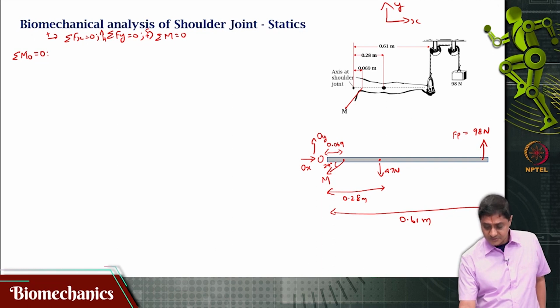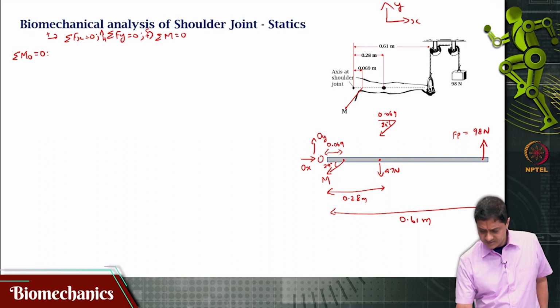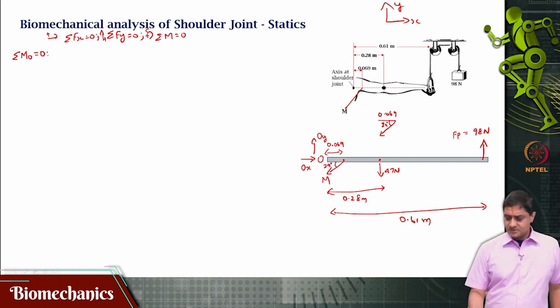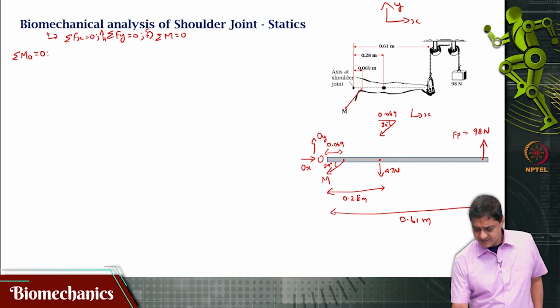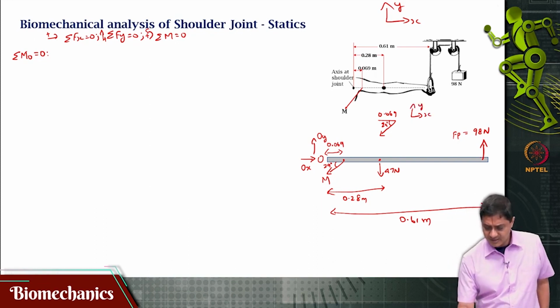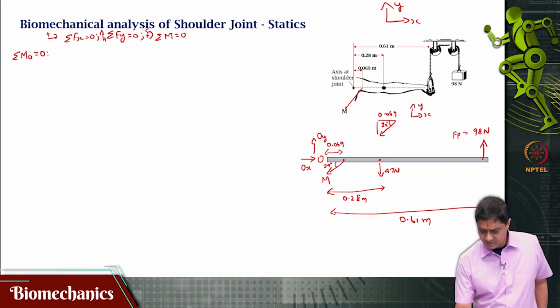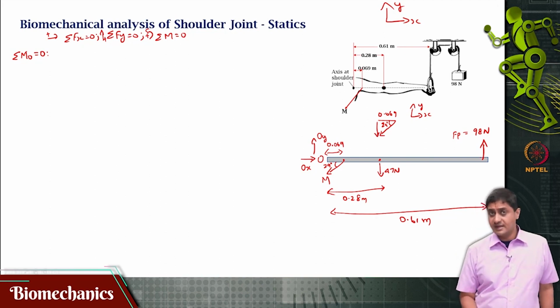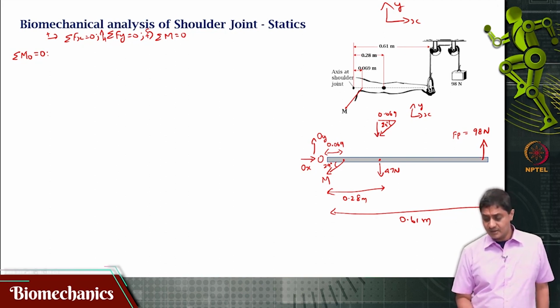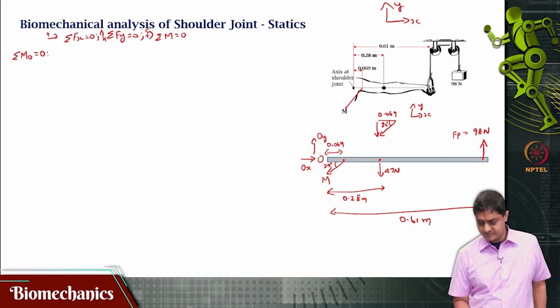So, the distance is 0.069, this angle is 29 degrees. For that xy axis, this will have a negative y component and a negative x component.